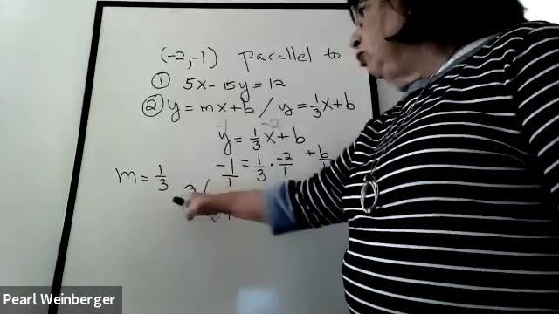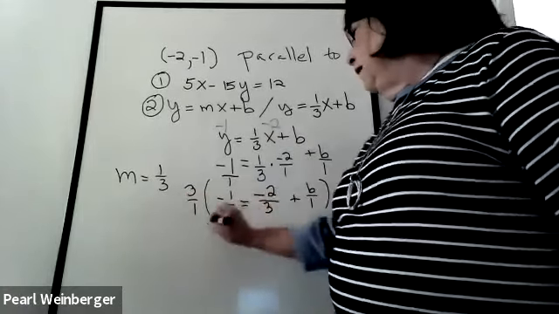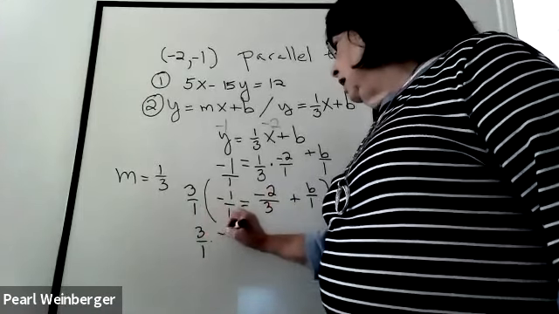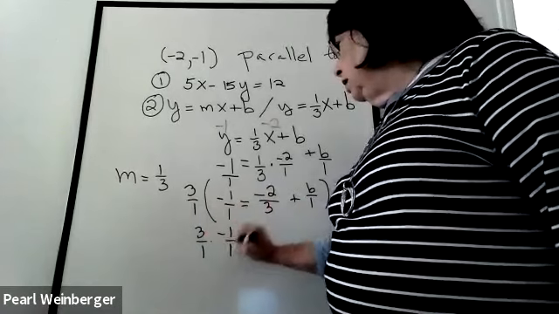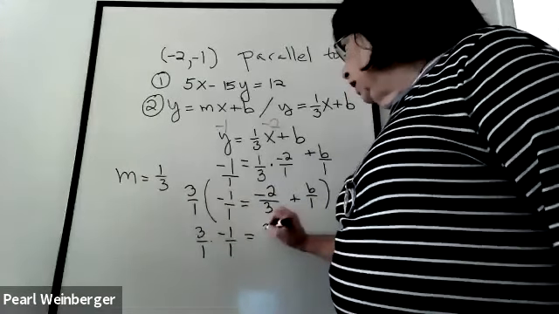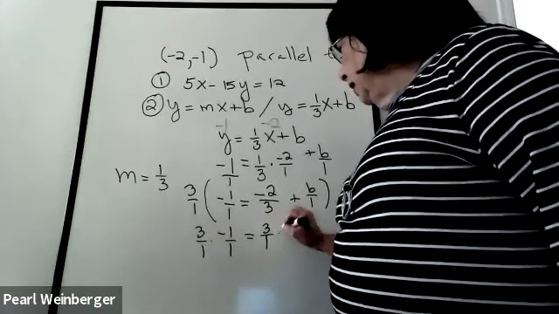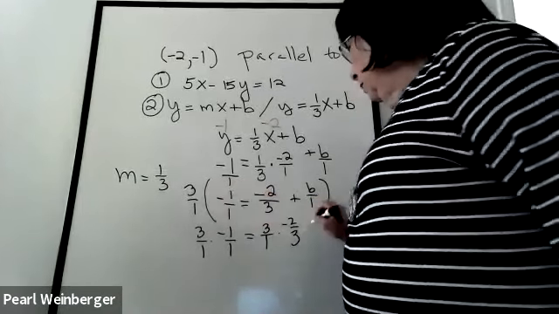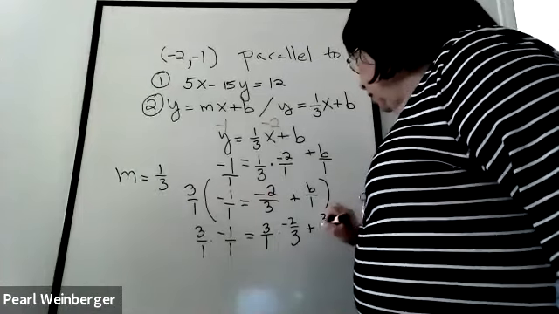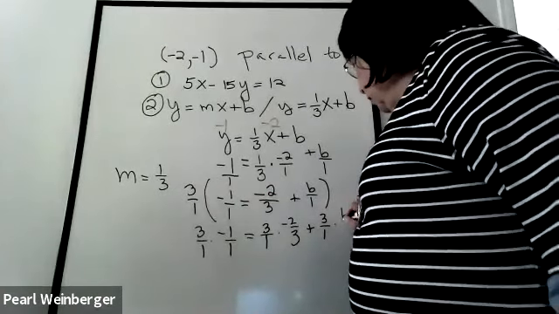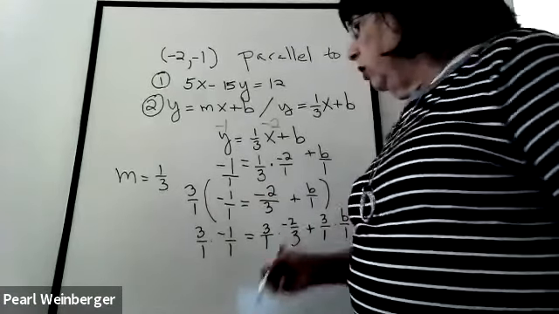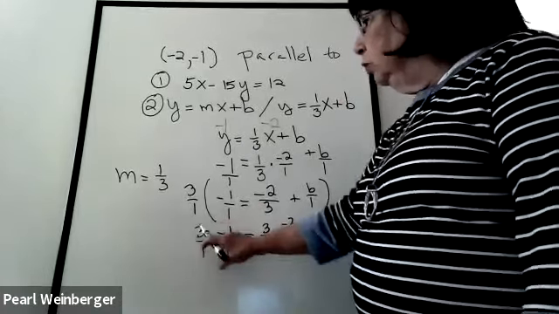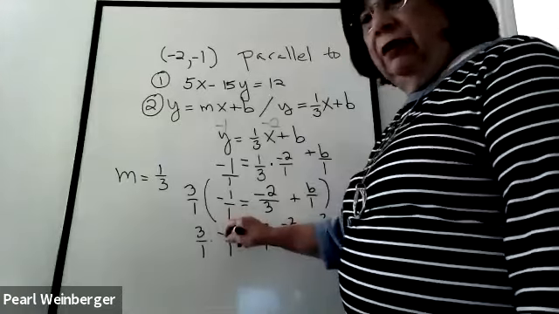Okay, so I'm going to distribute the 3. It's going to be 3 over 1 times -1 over 1 equals 3 over 1 times -2 over 3 plus 3 over 1 times b over 1. Over here nothing cancels out, everything is 1, so it's just 3 times -1.